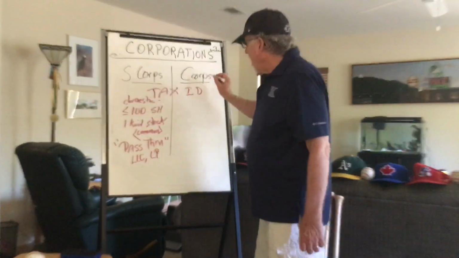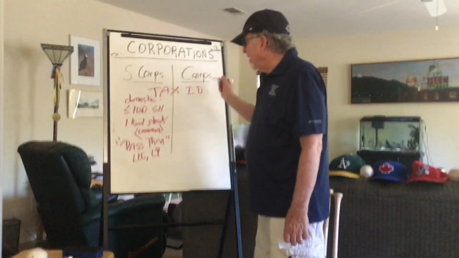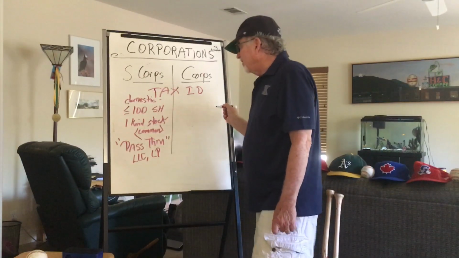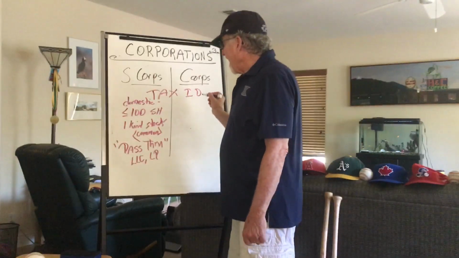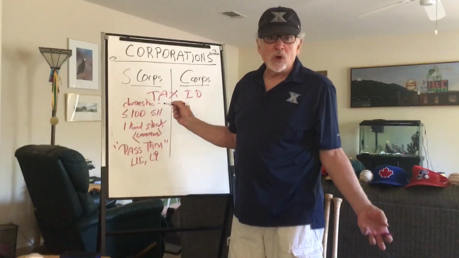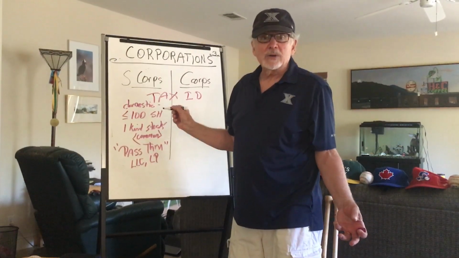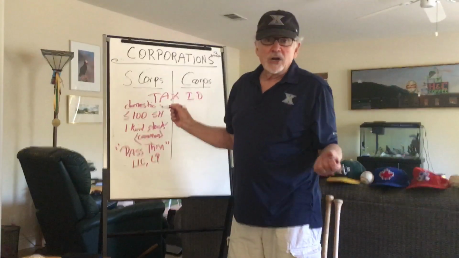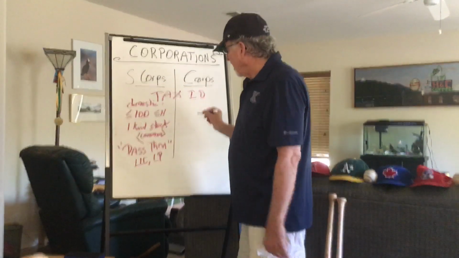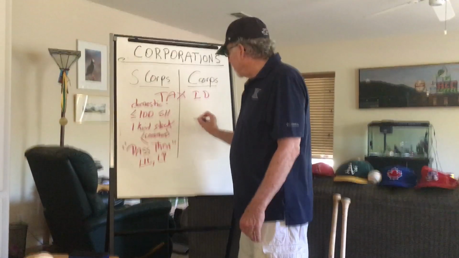Now, a C corporation can be a domestic corporation or a foreign corporation or an alien corporation. It can have as many shareholders as you want. Think, for example, how many shareholders Google or 3M or General Motors has. They can have as many kinds of stock as you want.